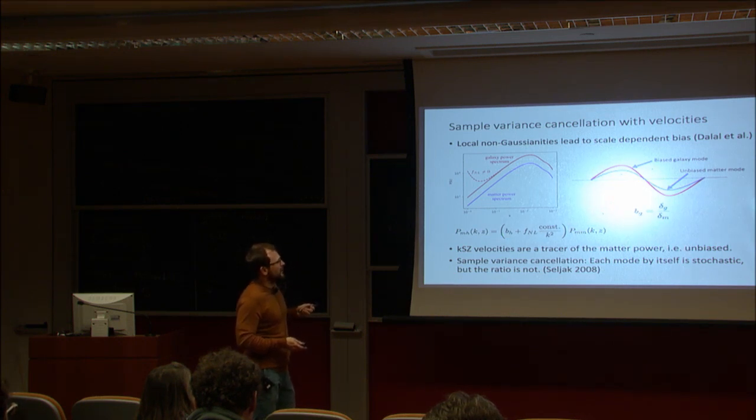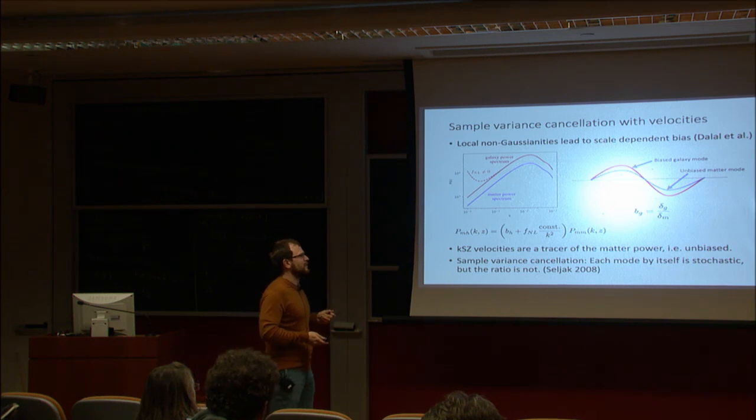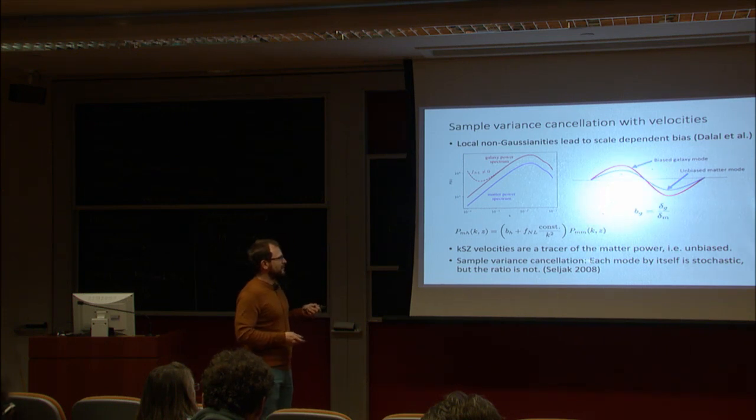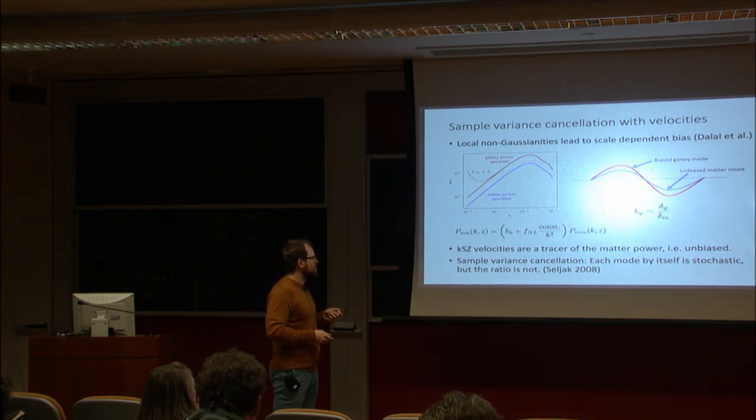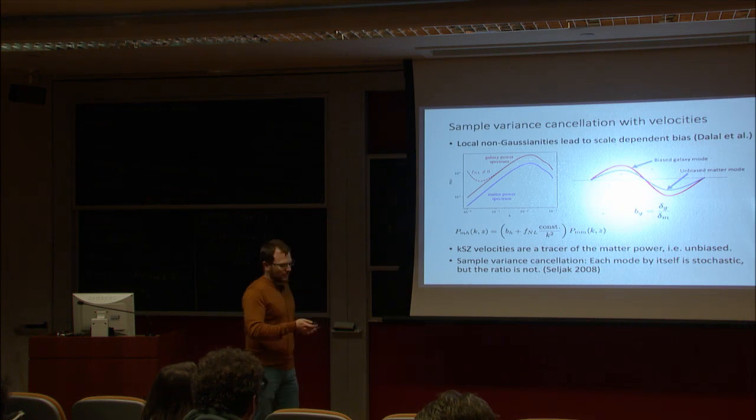Or here on large scales, the total term is this bias plus the f_NL dependent term that comes with a k-squared factor. This is called sample variance cancellation, and this idea was first explicitly proposed, I think, by Uros Seljak. However, not with this velocity field probe that I'm talking about today. Okay, so this is our plan.